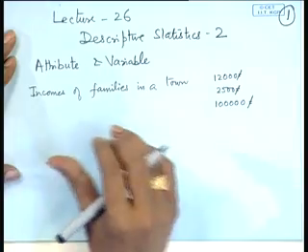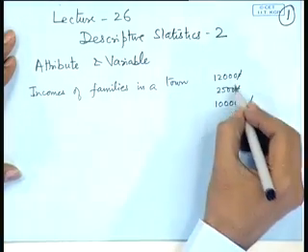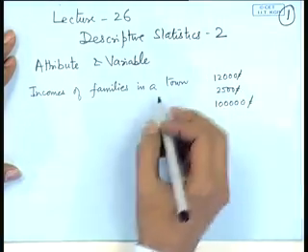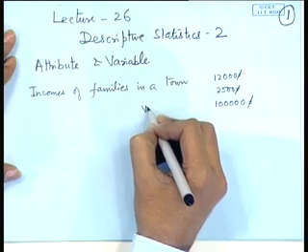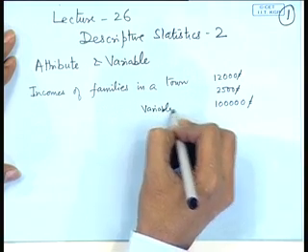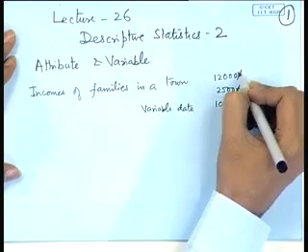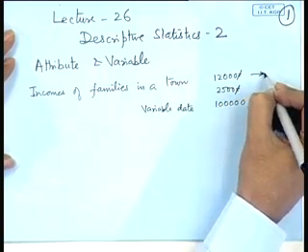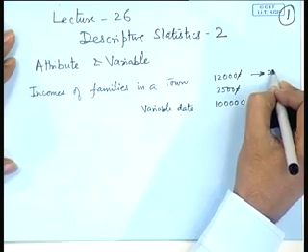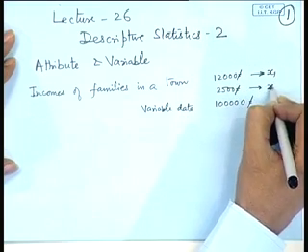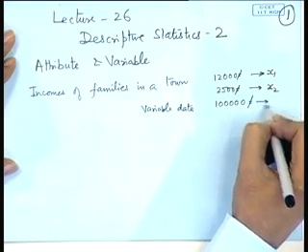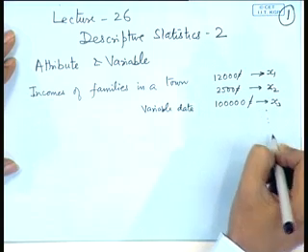So, here the primary recording of the data itself is in the numerical form. This data is said to be variable data or frequency variable data. We can give a nomenclature here: 12,000 we can write as x1 value, 2,500 as x2 value, 1 lakh as x3 value, and so on.